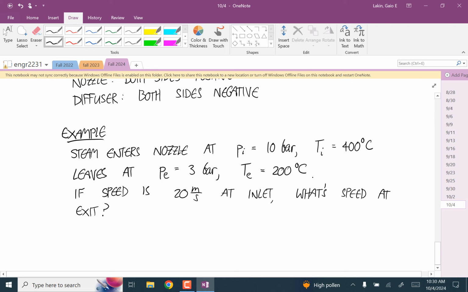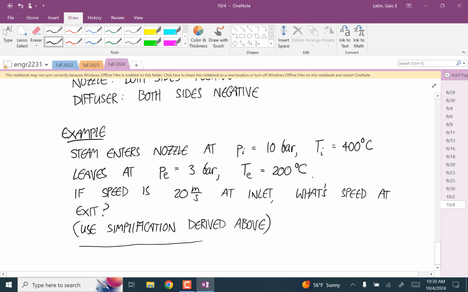And we're just going to use this simplification from above. In the test, you're giving us the full form, right? On that equation? That's right.